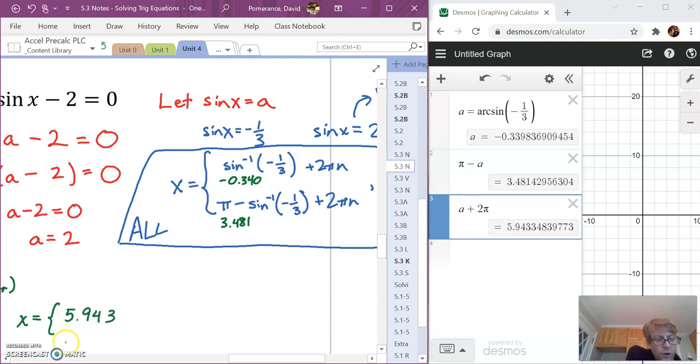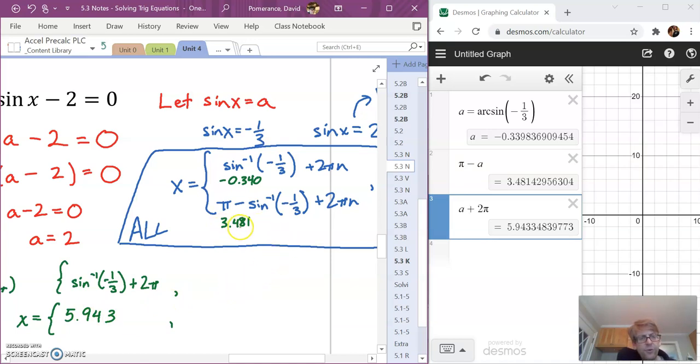Or in exact mode, that would be the inverse sine of negative 1/3 plus 2 pi. Okay, so that's the exact form. The 5.943 is the approximate value.